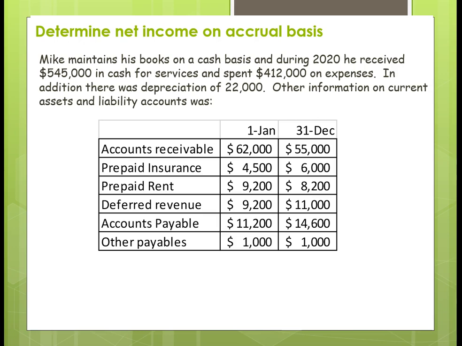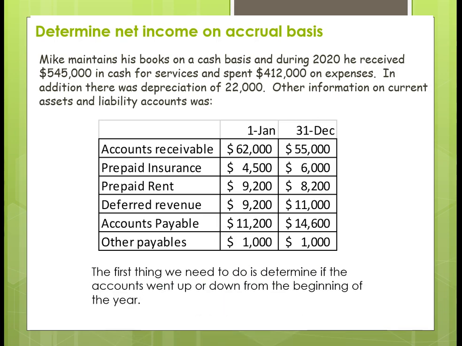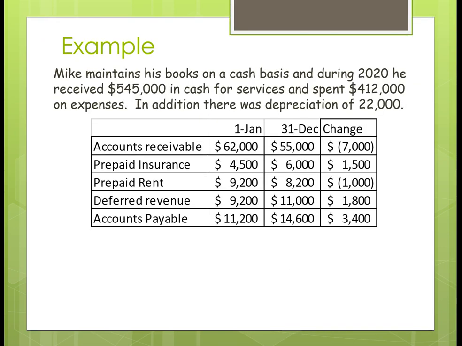Now, what we need to do with this information, we have the beginning of the year balance and the ending year. First thing we need to do is determine which accounts went up or down from the beginning of the year. And when we go through that, we see that our accounts receivable went down, our prepaid insurance went up, our prepaid rent went down, our deferred revenue went up, and accounts payable went up.